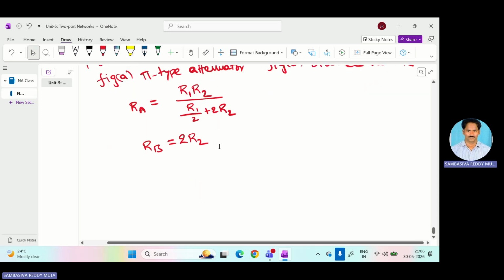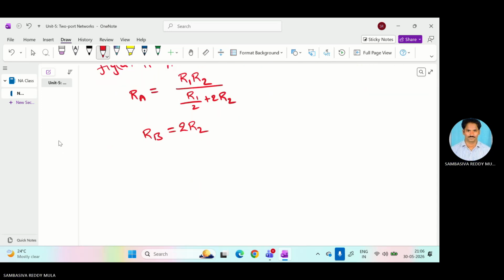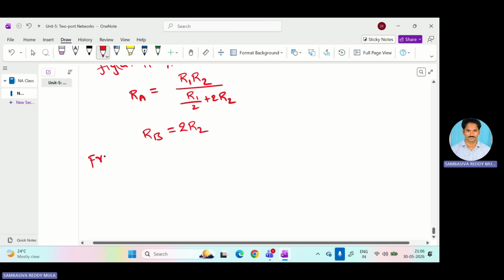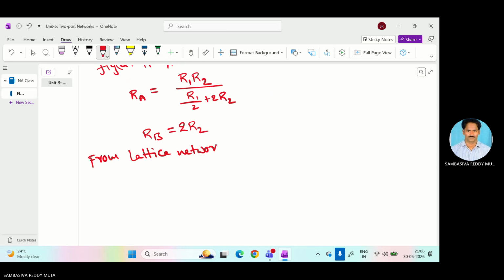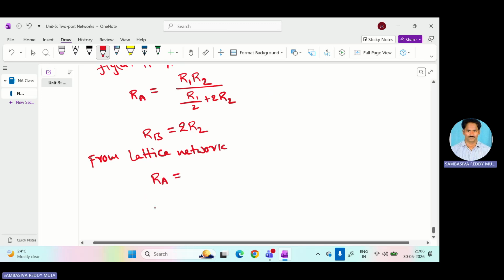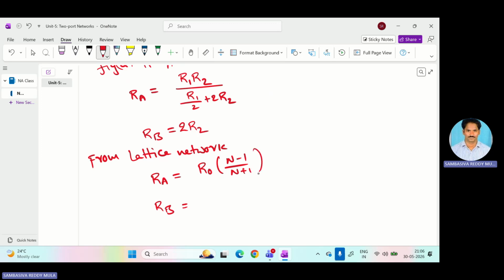Again, from the definition of lattice network, we know the expressions for RA and RB in terms of the propagation constant. RA is R0 into n minus 1 by n plus 1. RB is R0 into n plus 1 by n minus 1.